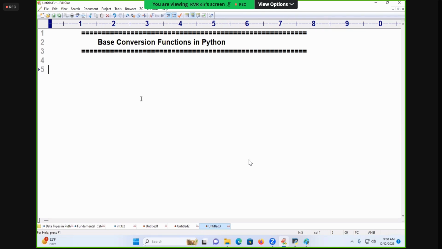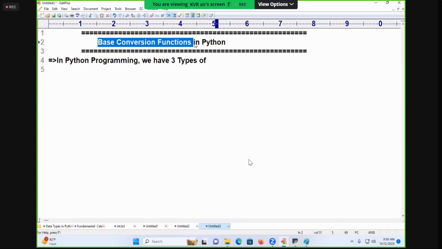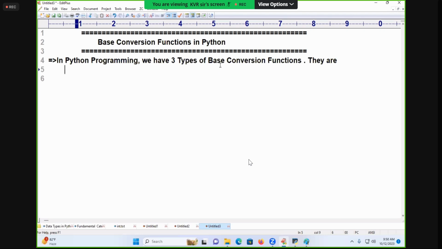How simple it is. In Python programming, we have three types of base conversion functions. What is the first one, students? Number one is bin().